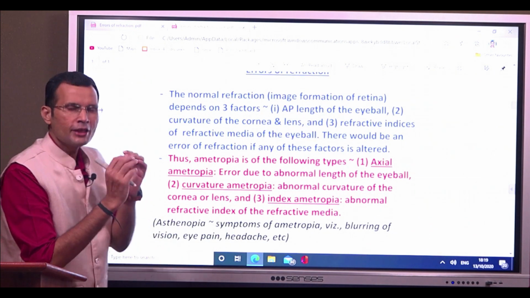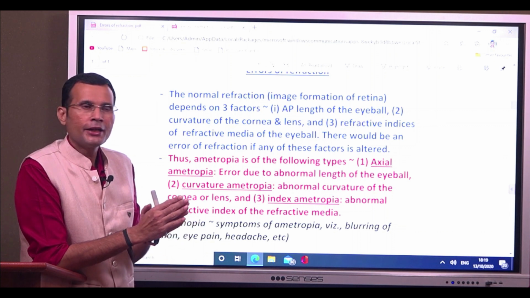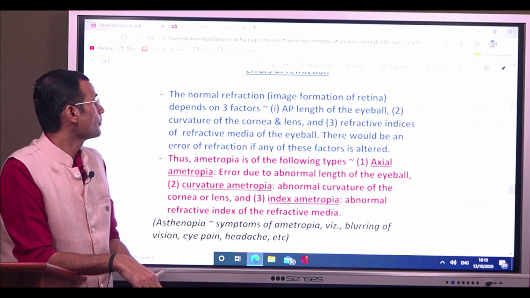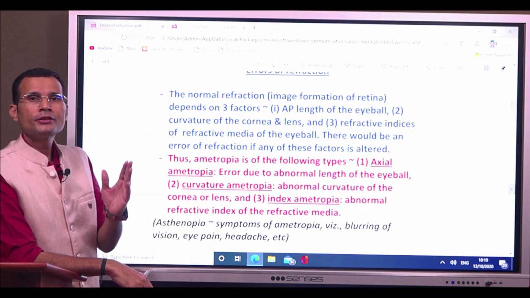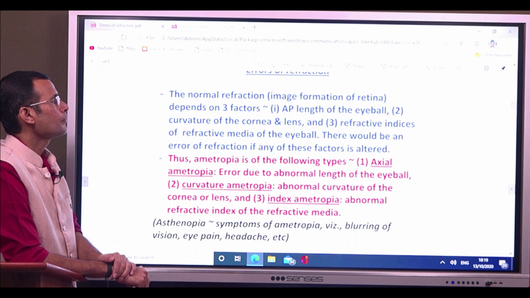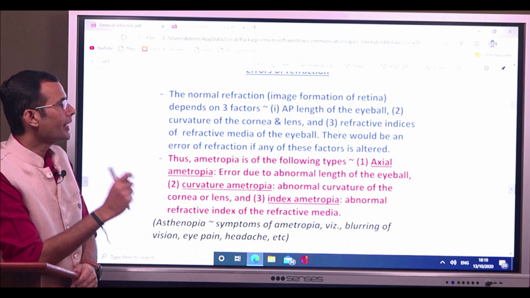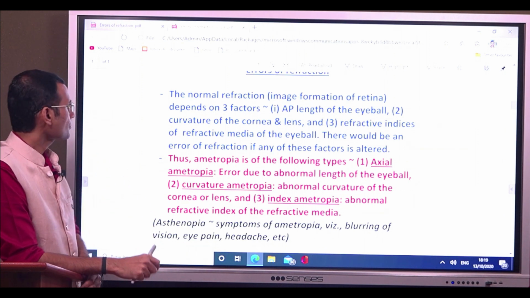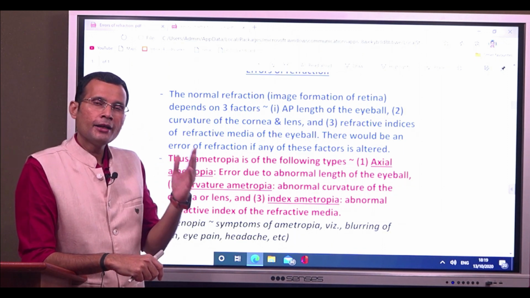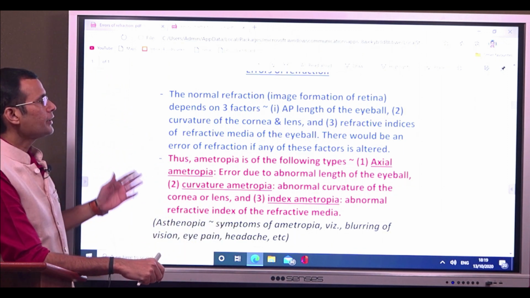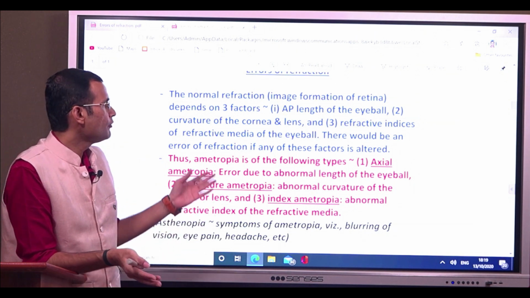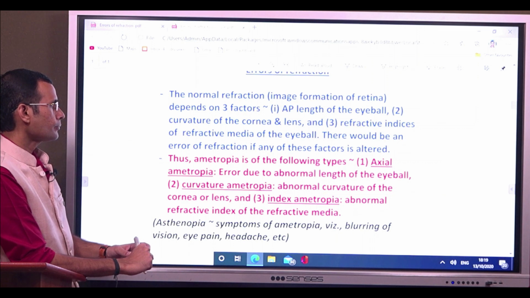Now, normal refraction of the light rays and image formation on the retina, it depends on three factors. One, the anteroposterior length of the eyeball. Two, the curvature of the cornea and the lens. And three, the refractive indices of the refractive media of the eyeball.